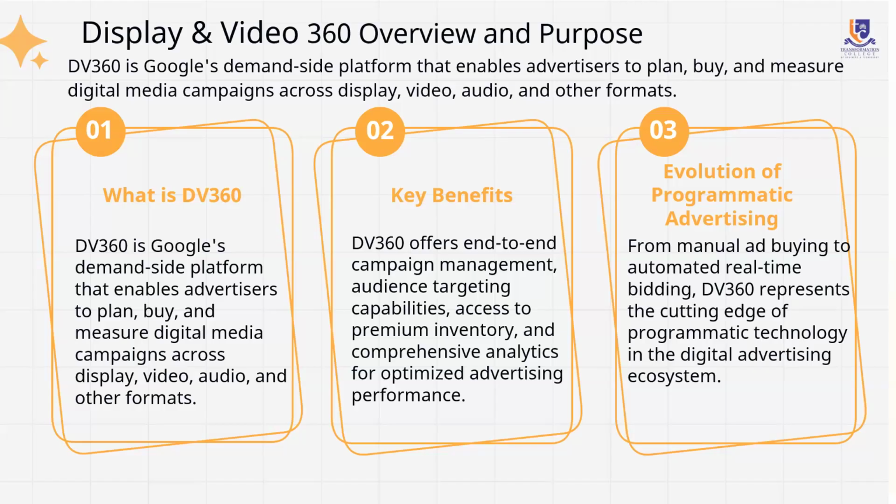So moving ahead. Display and Video 360 is Google's demand side platform that enables advertisers to plan, buy, and measure digital media campaigns across display, video, and other formats, like I explained. And what are the key benefits?